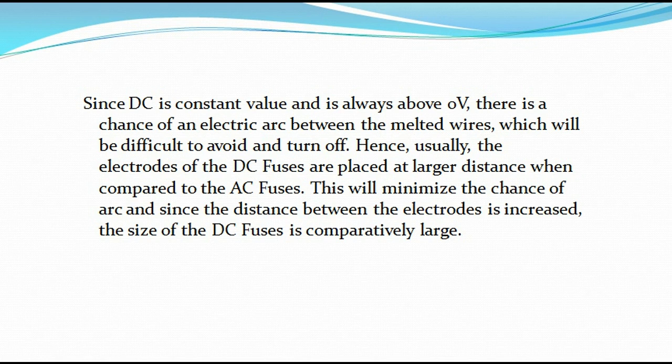Hence, usually the electrodes of the DC fuse are placed at a large distance compared to the AC fuse. This will minimize the chance of arc, and since the distance between the electrodes is increased, the size of the DC fuse is comparably large. It's as simple as that.